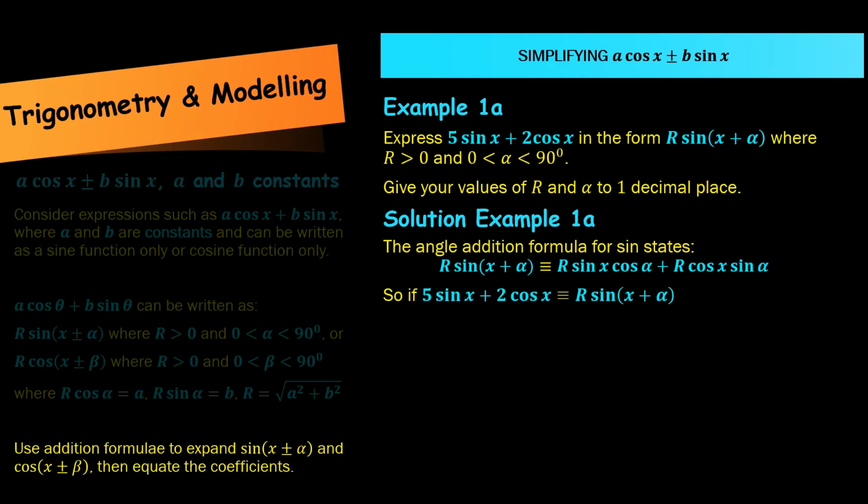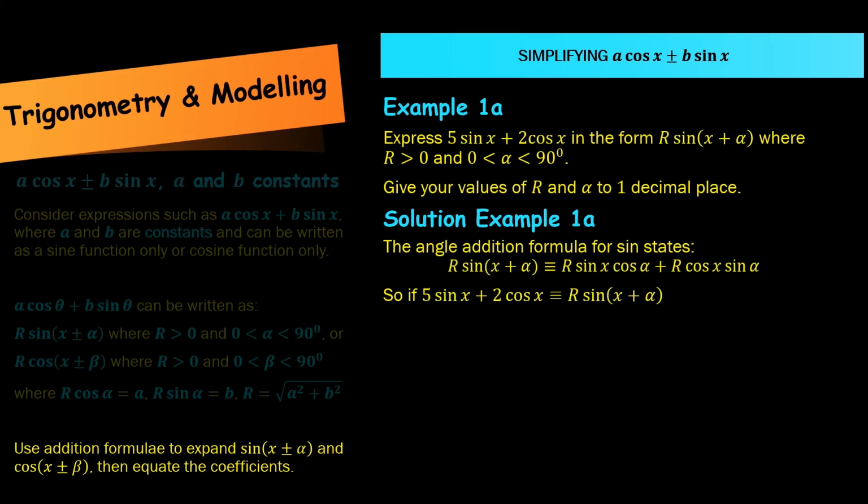So, if 5 sin x plus 2 cos x is identical to r sin(x plus alpha), then we have that 5 sin x plus 2 cos x is identical to r sin x cos alpha plus r cos x sin alpha.